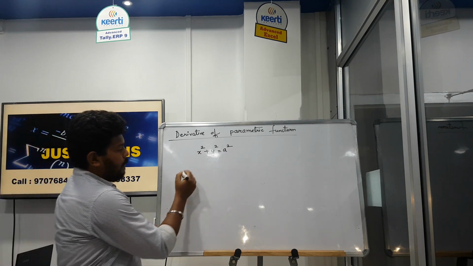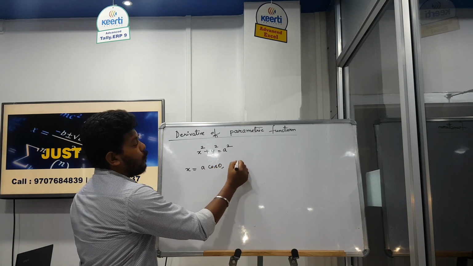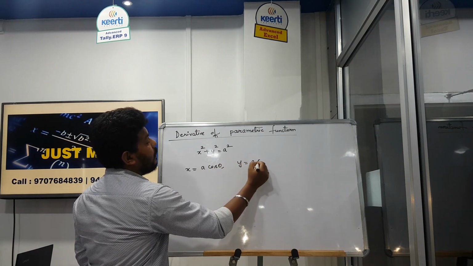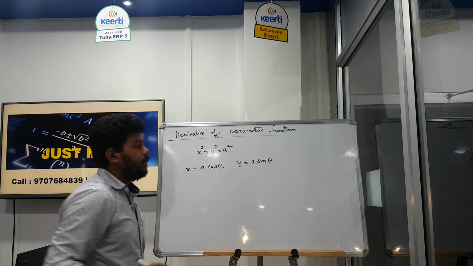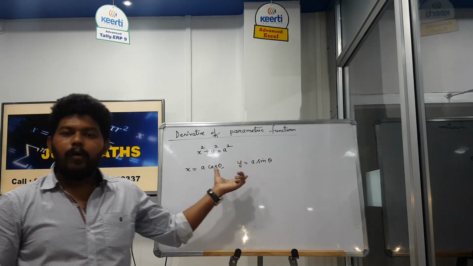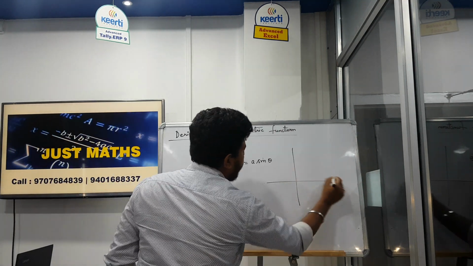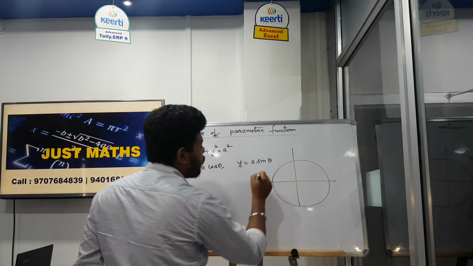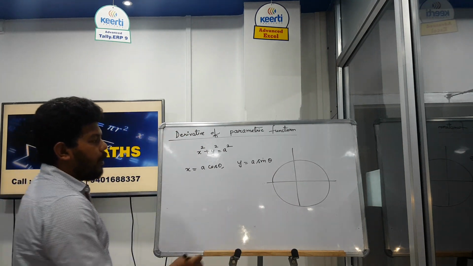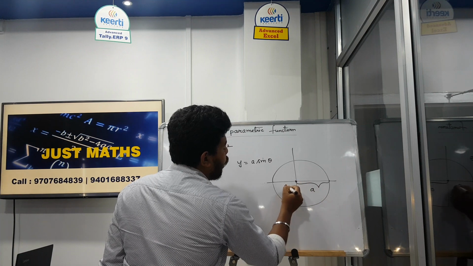If I write x equal to a cos theta and y is equal to a sin theta, then it denotes the coordinates of any point lying on the circle. This circle is x square plus y square is equal to a square, where a denotes its radius and center is at the origin.